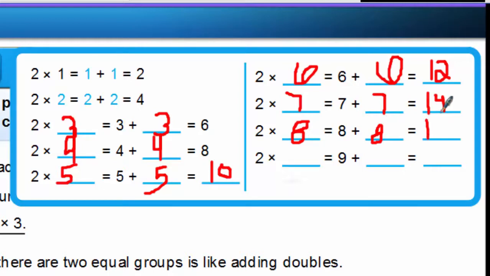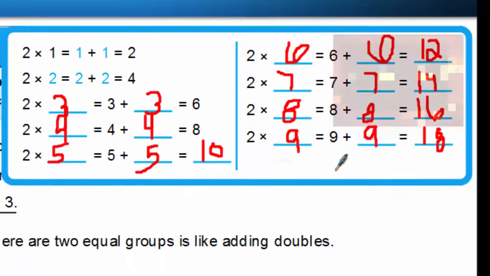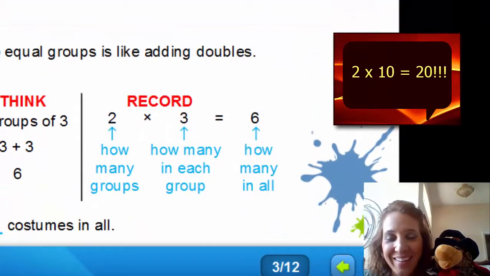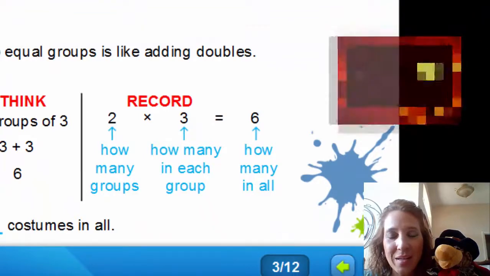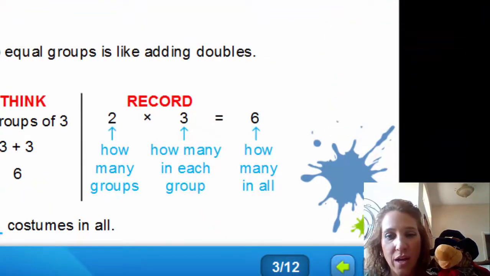That's right, 16. 2 times 9 is 9 plus 9. 9 doubled is 18. Question. What would be 2 times 10, everybody? Excellent. 20, because it is 10 doubled. Good job.